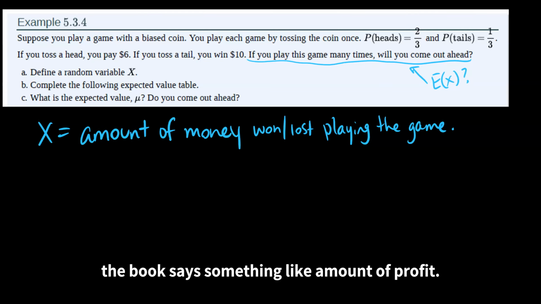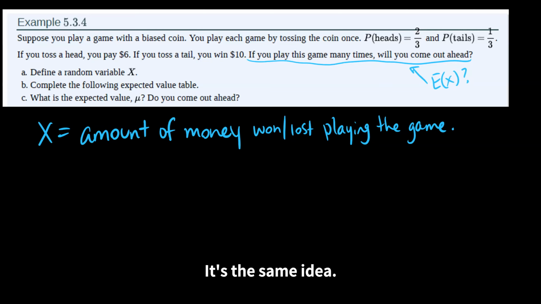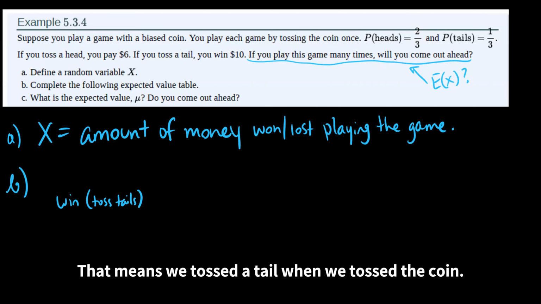And I know the book says something like amount of profit. It's the same idea. And then they give us a table, win, lose, x, p of x. If we win money, that means we tossed a tail when we tossed the coin.